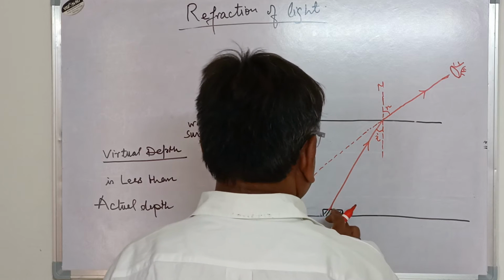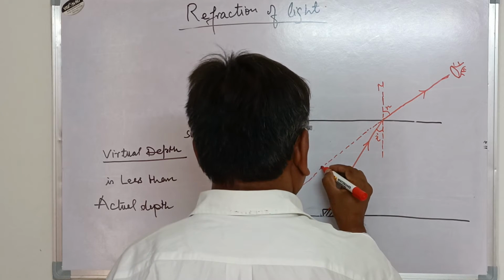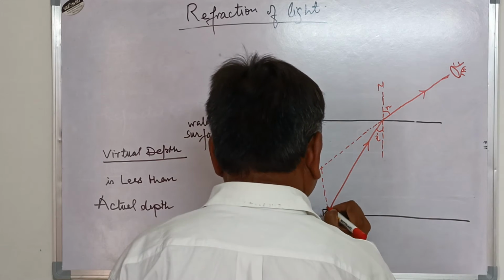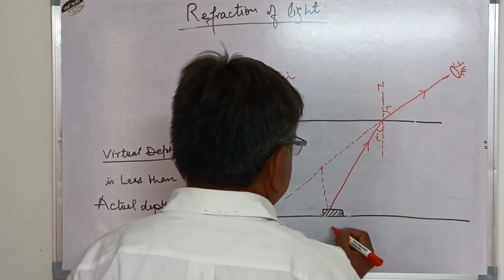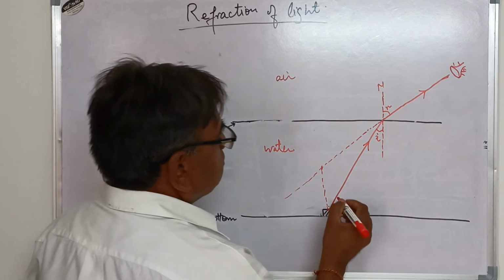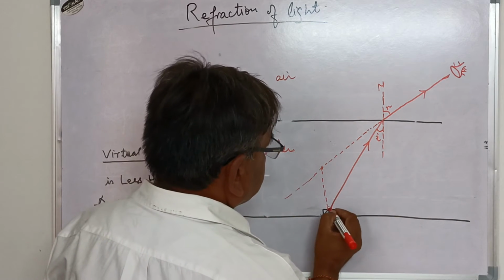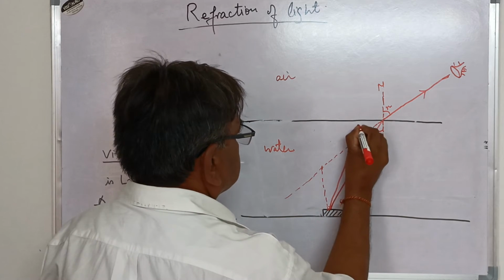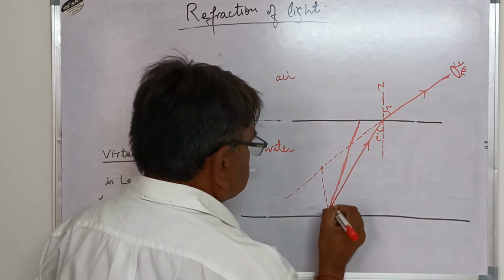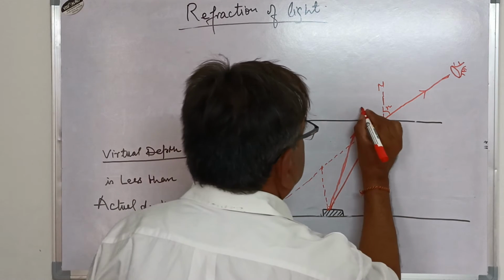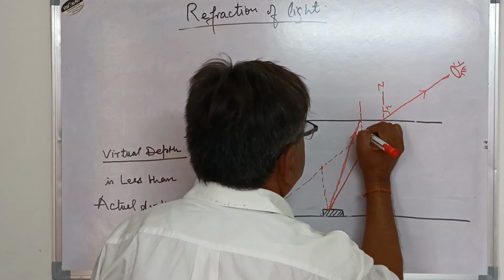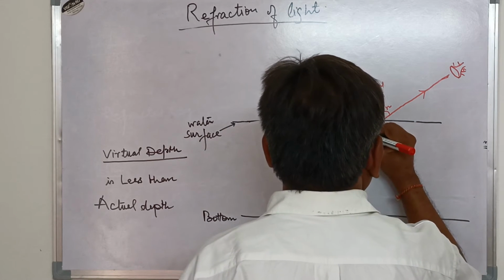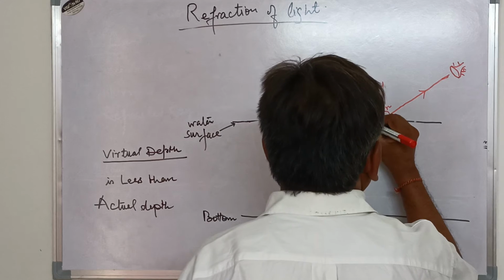So this coin will appear somewhere here. This will be the position of the coin. If we take another ray, and this will be the normal, then this will be i and this will be r.